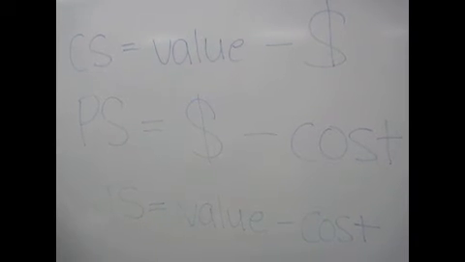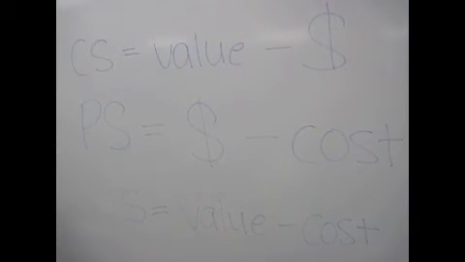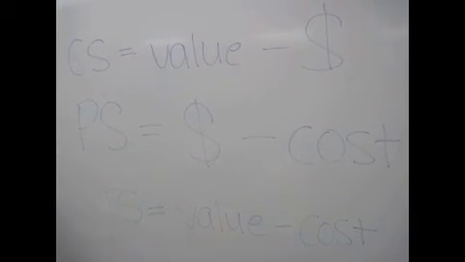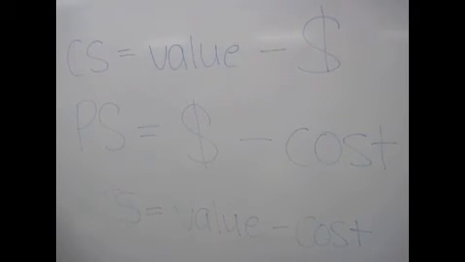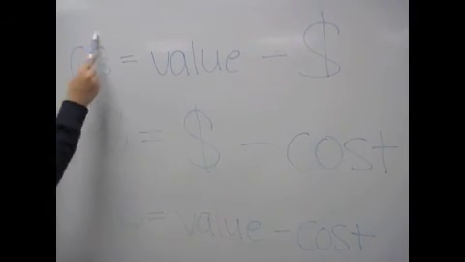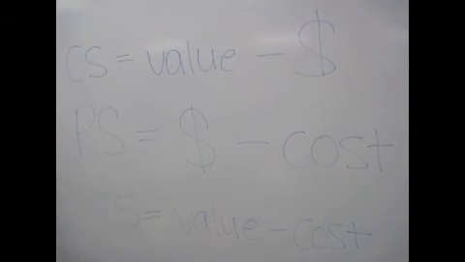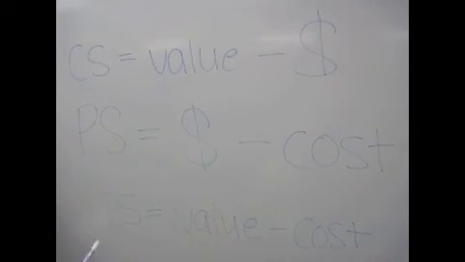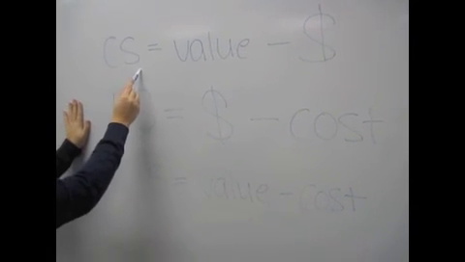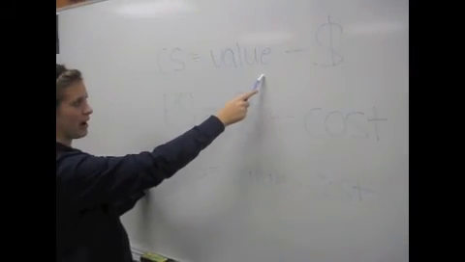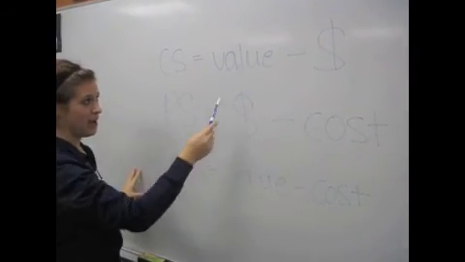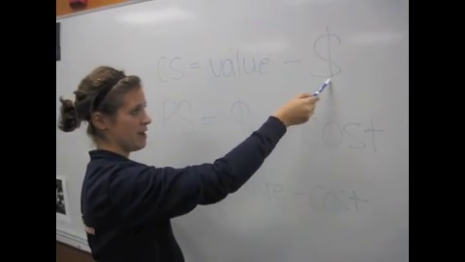So the last thing we're going to touch on today is one last final breakdown of what exactly is total surplus. So we already talked about how total surplus is going to be your consumer surplus plus your producer surplus. So if you break this down and look at it individually, we know that our consumer surplus is the value to the buyer, which is their willingness to pay, minus the amount that they paid.